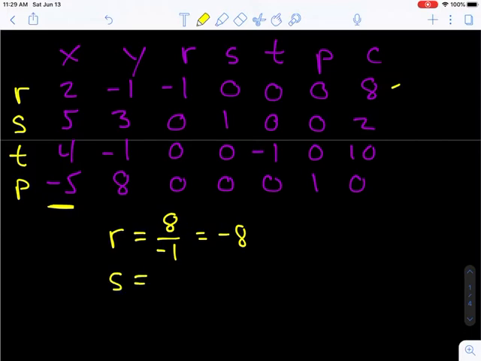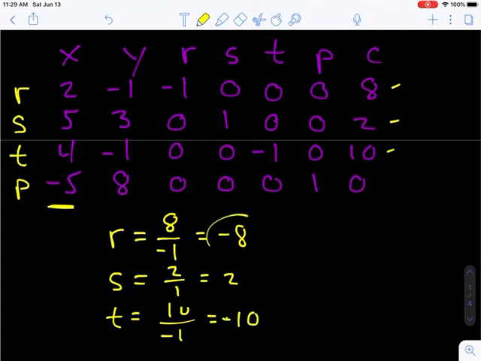S is going to be that constant, 2, divided by 1, which is 2. T is going to be 10 divided by the number in the T column and the T row, which is a -1. So that gives me -10.